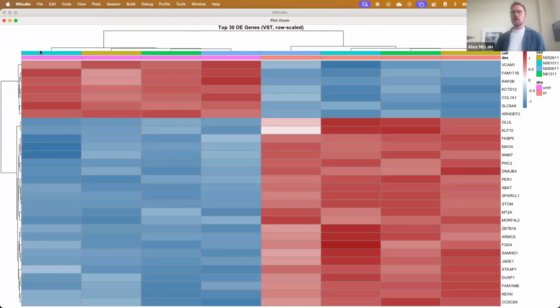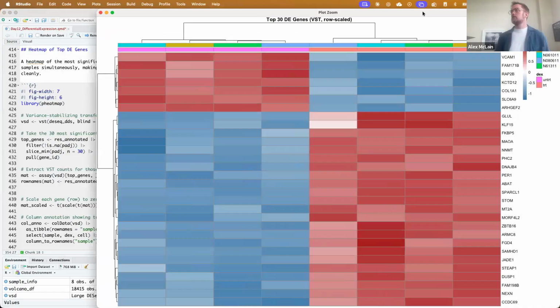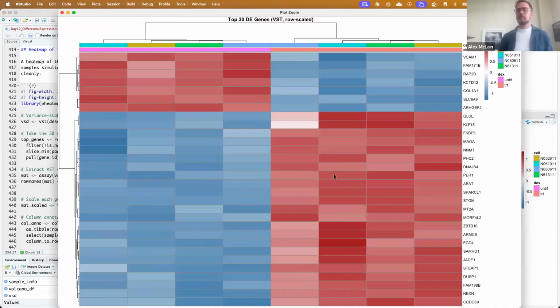On the top, the columns are the different subjects in the data set. The rows are the different genes. I'm going to bring this in a little bit. Okay, it's a little better.